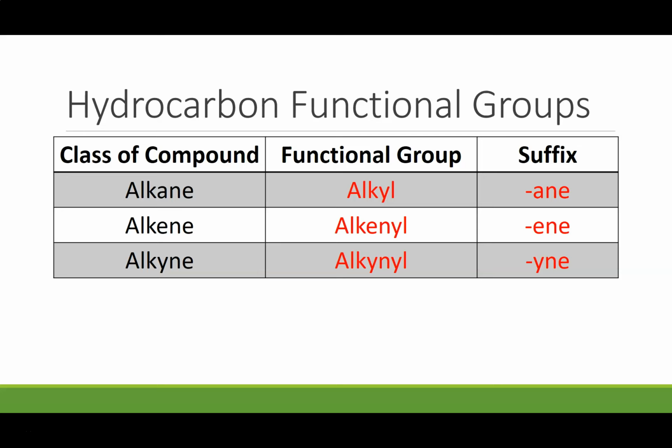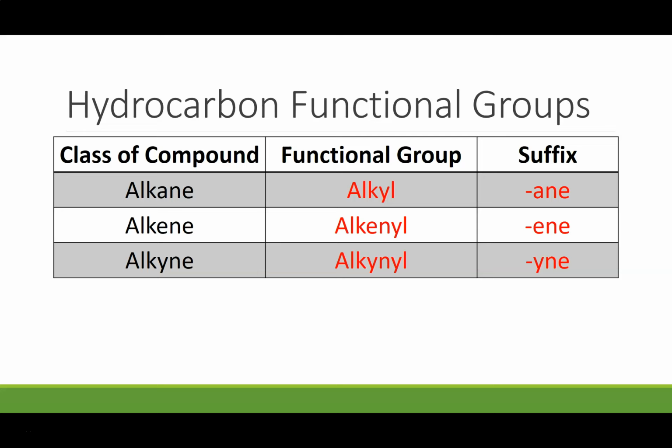And an alkane's name always ends with the suffix -ane. For example, propane. The next hydrocarbon functional group is the alkenyl group. The alkenyl group is a double bond between two carbons. A compound that contains an alkenyl group is classified as an alkene. And alkenes are all named with a suffix -ene.